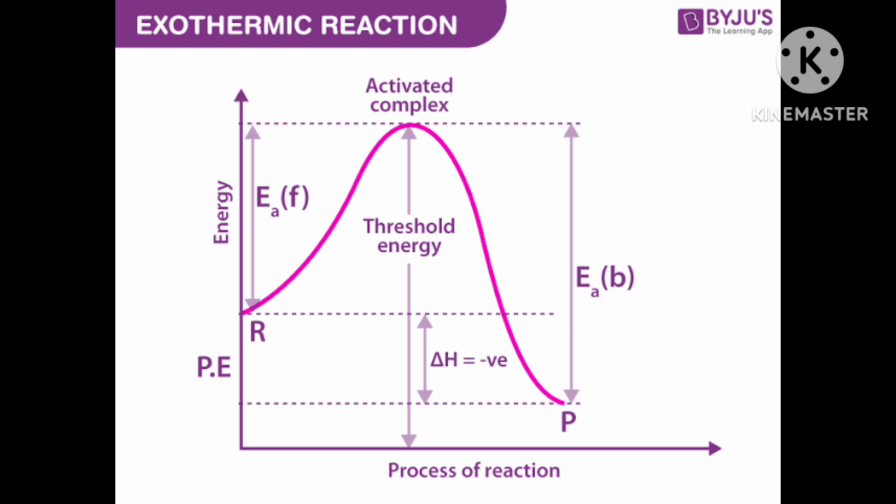E and ln will cancel out, so only minus Ea upon RT will remain, plus ln A, where A is a constant.